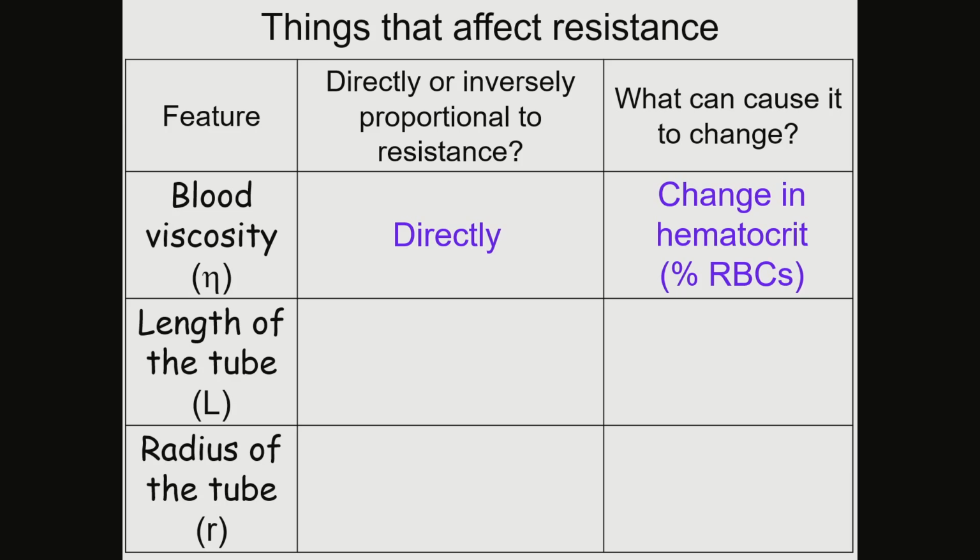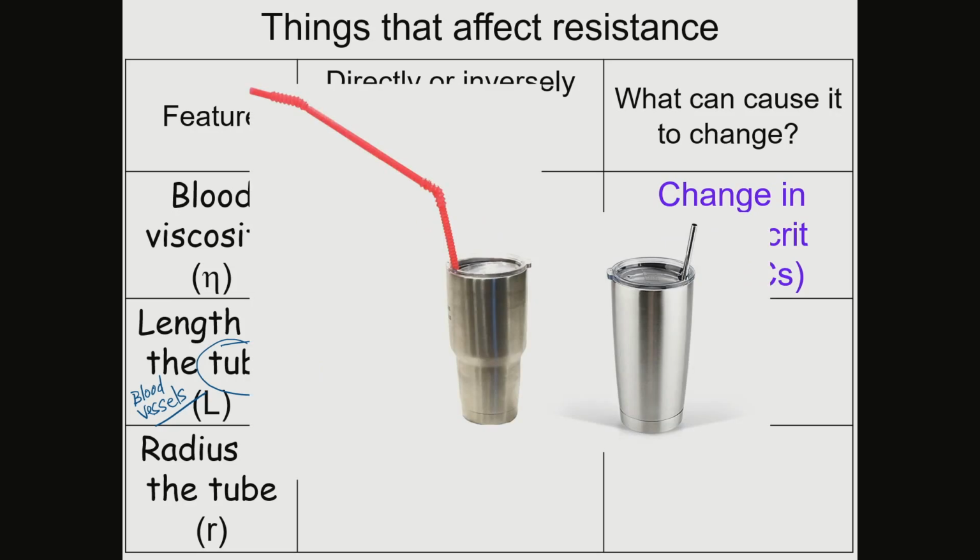The length of the tube is the other thing. And remember, when we're talking about the tube here, we're talking about blood vessels. And here's my other example. If both of those have water in it, or you can think it has milkshake in it, it doesn't matter, which one is easier to drink from, the long straw or the short straw?